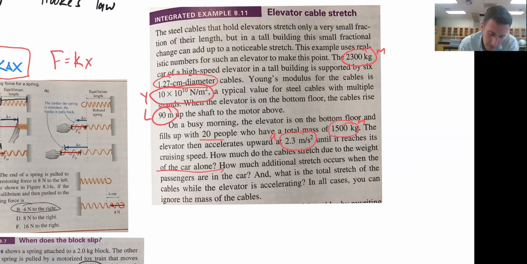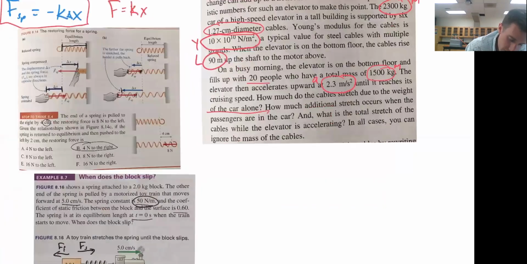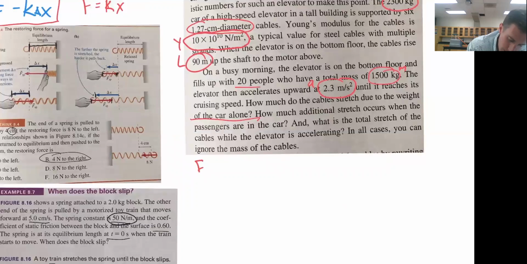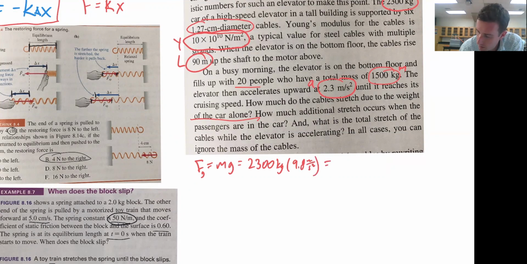Okay, question number one, weight of the car alone. So first, I need to figure out the force being exerted, right? The force is equal to the mass times the acceleration due to gravity, because it's a force of gravity, it's a weight, right? Which is equal to 2,300 kilograms times 9.8 meters per second squared, which is 22,540 newtons.